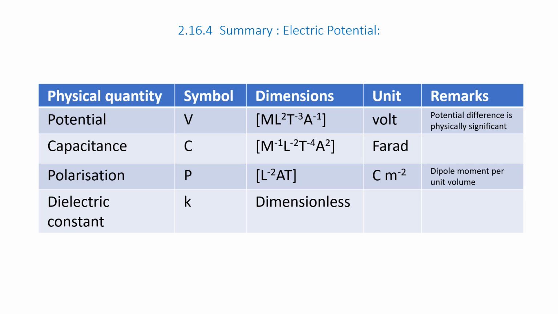If we divide dipole moment by volume, it is called polarization. Dielectric constant. The symbol for dielectric constant is K and it is dimensionless. Hence we conclude this and we will take up numerical examples in the next slide.